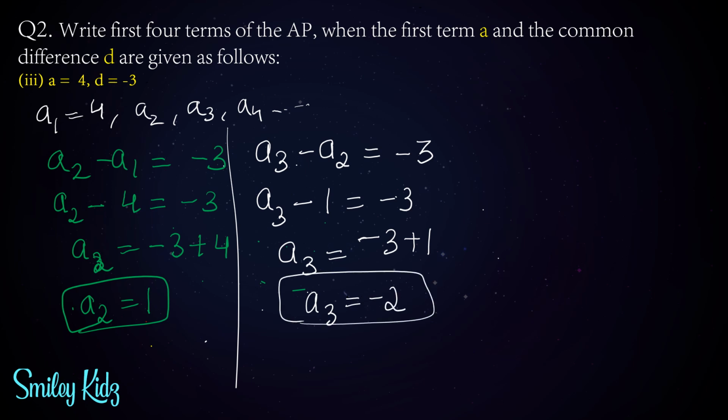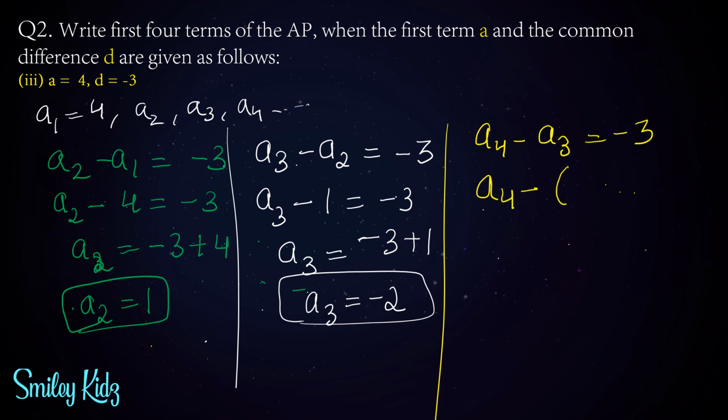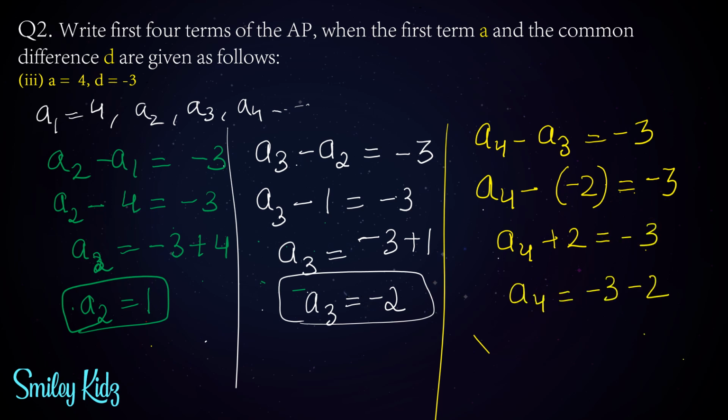This is the second value which we have acquired, but this is the third term. Then A4 minus A3 is equal to minus 3. A4 minus of minus 2 is equal to minus 3. Now A4 plus 2 is equal to minus 3. A4 is equal to minus 3 minus 2. A4 is equal to minus 5.